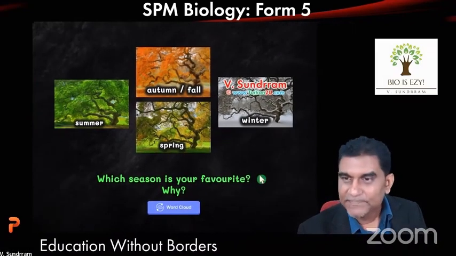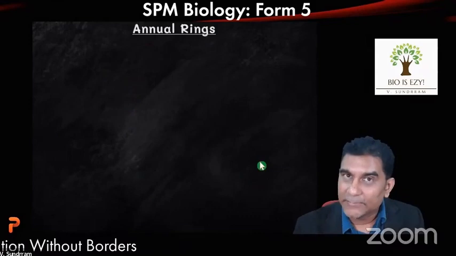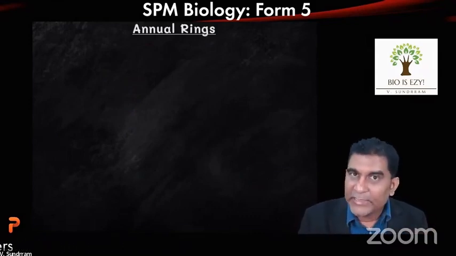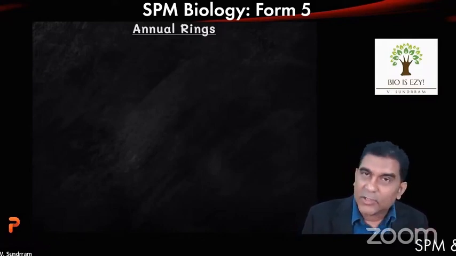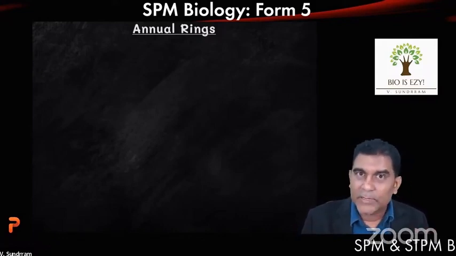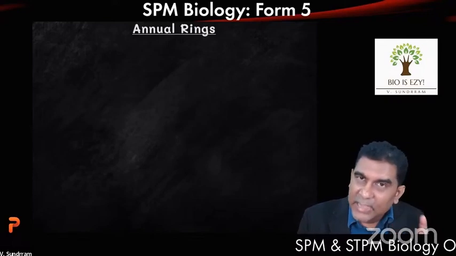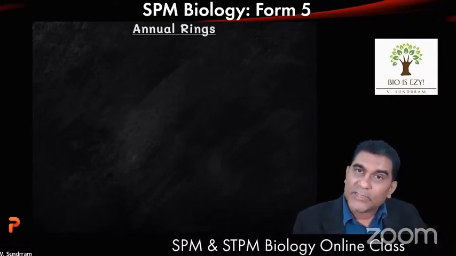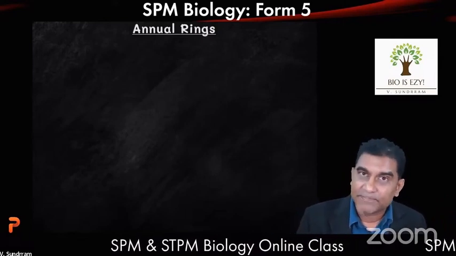So from here, now we go to annual rings. The concept is easy. The main point is secondary growth and also primary growth. The rate is higher in spring because spring has optimal temperature, optimal light intensity.